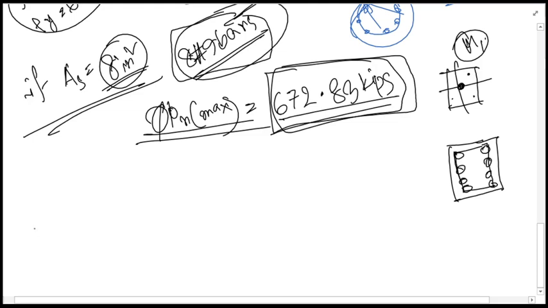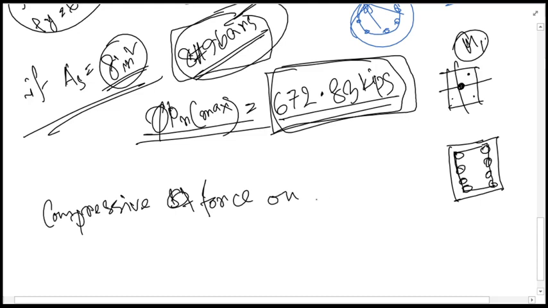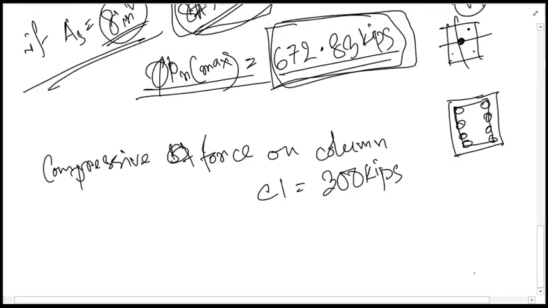So first of all, we'll be writing the compressive force on the column. For C1 we are calculating here, so 300 kips. Now we'll also be writing the M1X value, which is 25 kip feet, and the M1Y value, which is 55 kip feet.